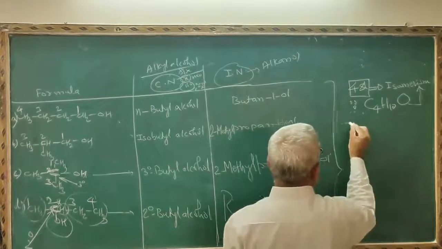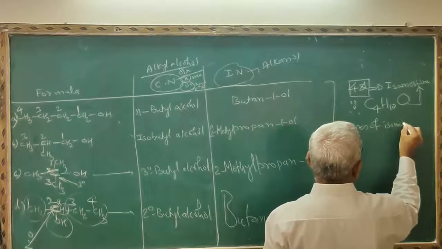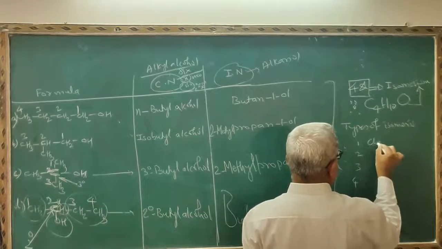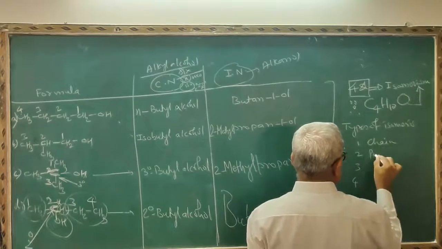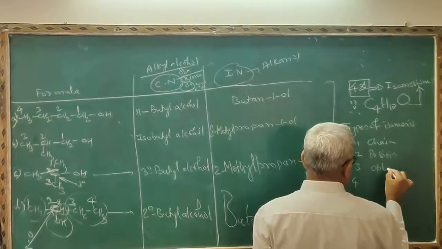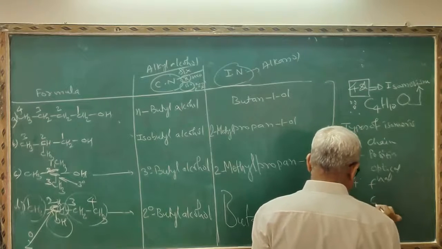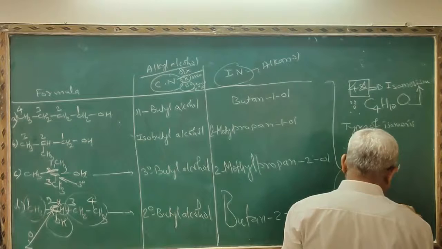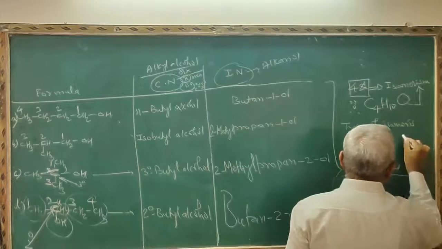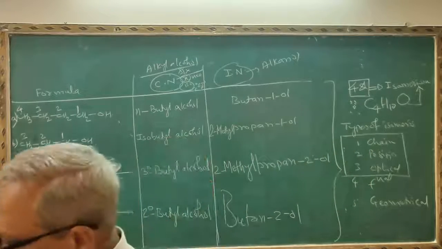You know the types of isomerism: chain isomerism, position isomerism, optical isomerism, functional isomerism, and fifth is the geometrical isomerism. But I will set the question only on these 3 points. These are related to this one.